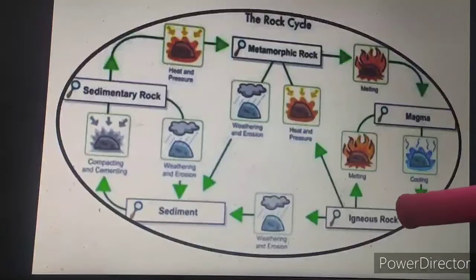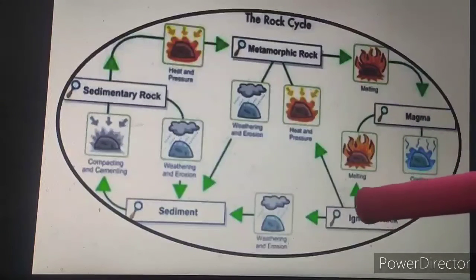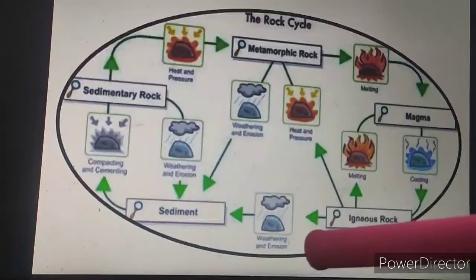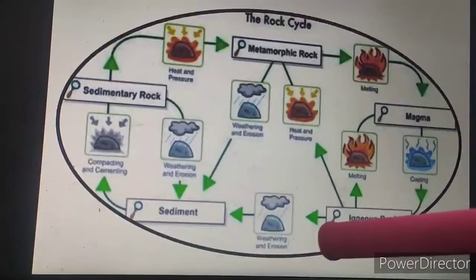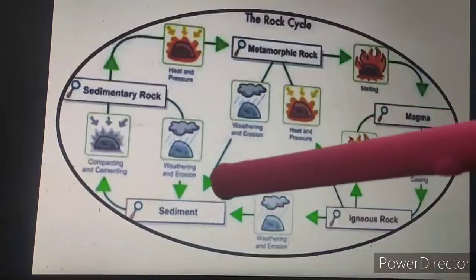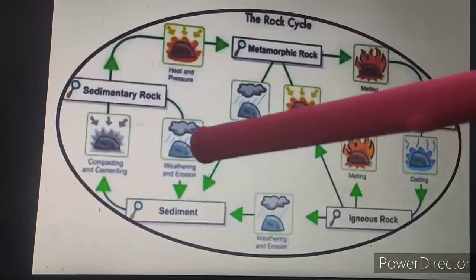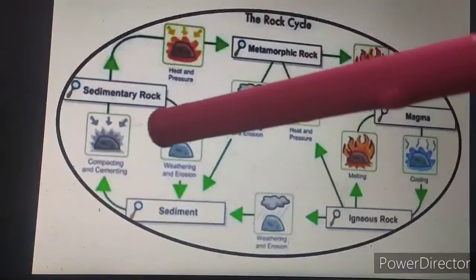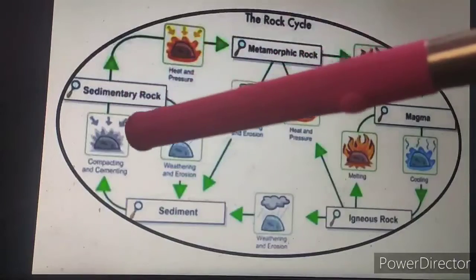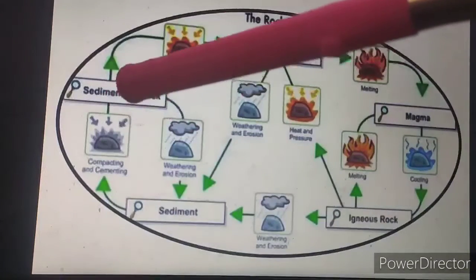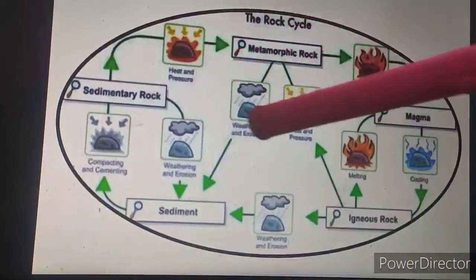Now from these igneous rocks, when weathering and erosion take place, the igneous rocks break into small sediments, okay? When these sediments get compacted, falling into layers above layers, they take the form of a sedimentary rock. Clear?